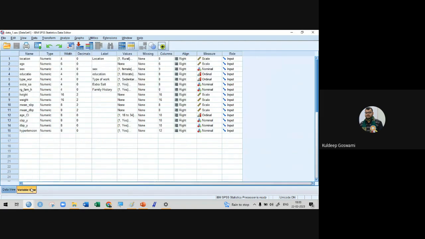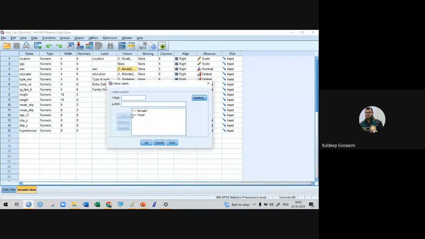Why? If we see the group, I coded female as 1, male as 2. We have converted the qualitative data to quantitative data by coding 1 for female, 2 for male. So this is a grouping variable.